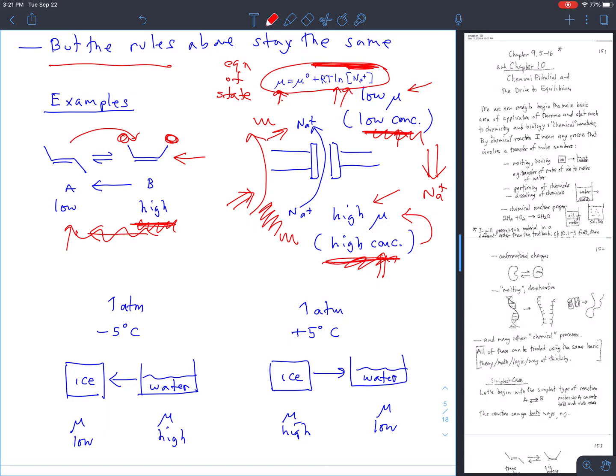If you think of them like gas molecules, and you've got a whole bunch over here and few over here, and you try to pack those few over into the high concentration side, then you're reducing the number of microstates. On the other hand, if you move them the other way, then you're increasing the number of microstates available to the sodium ions. And this expression for chemical potential, and chemical potential generally, is accounting for those kinds of changes.